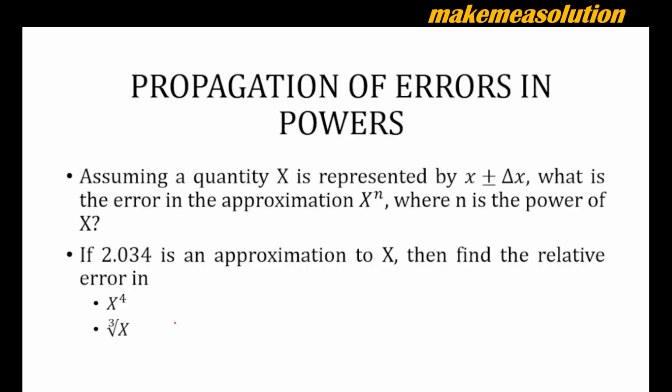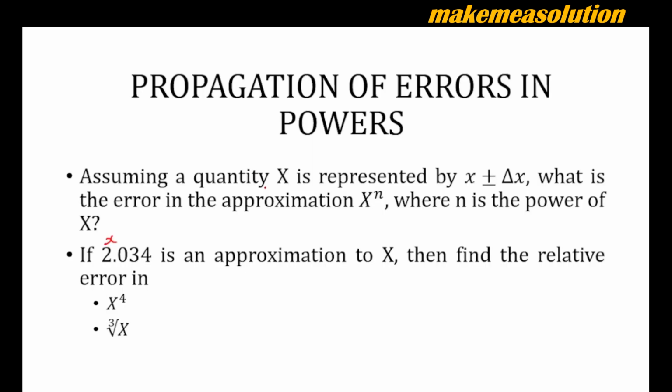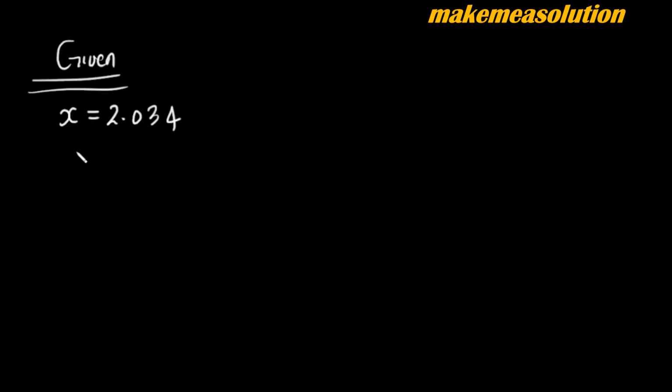Anytime they say something is an approximation to a capital letter, I'll just label it as a small letter. So this is the small letter version. Is that okay? So they now want me to find, the first part is x to the power of what? 4, and the b part is cube root of x.